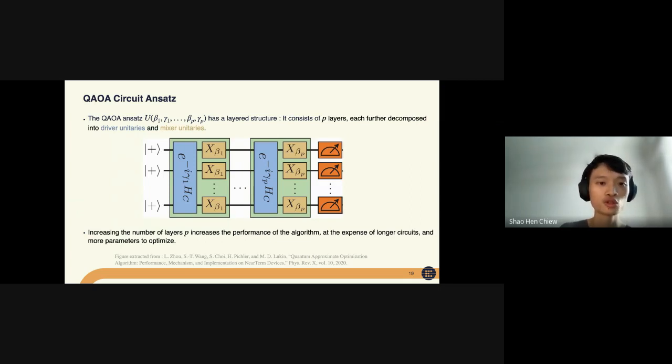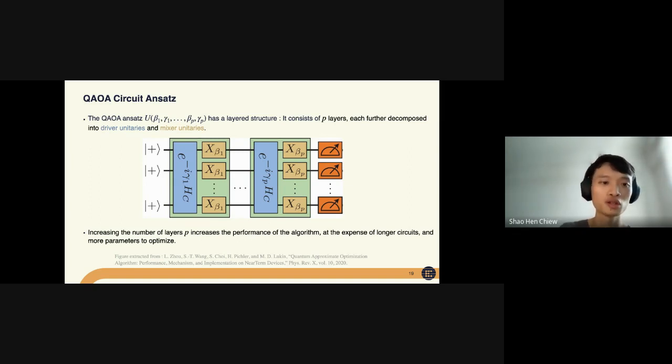And in fact, as you increase the number of layers P to infinity, you recover this quantum annealing behavior. So you can prove that as P approaches infinity, you can find the ground state every time. But in general, you want to keep it low so that your circuit doesn't become too long. Otherwise, if you want to run it on a quantum computer, it surpasses the coherence times of the qubits you have.